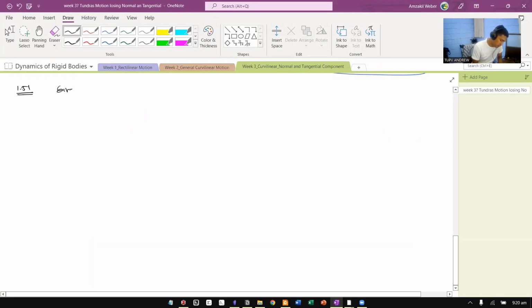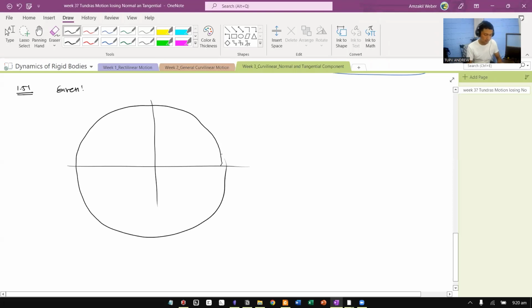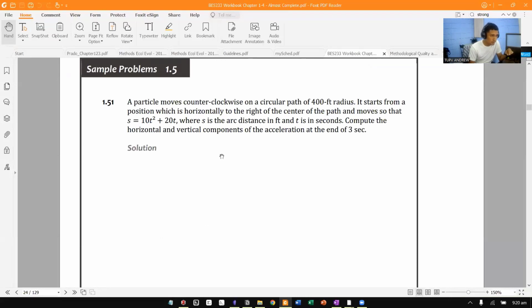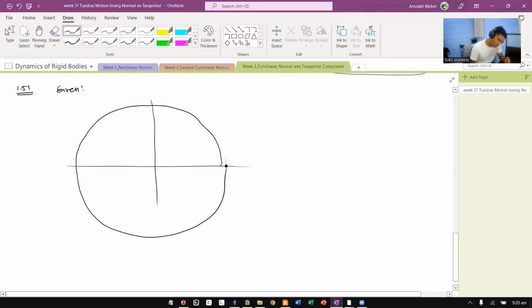According to the given, we need to draw a circle, and that's the path. The particle moves counterclockwise, starting from the position which is horizontally to the right of the center of the path. Meaning, the direction starts horizontally to the right and goes counterclockwise.